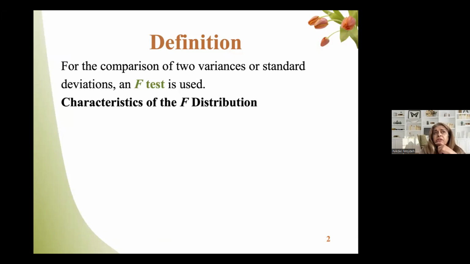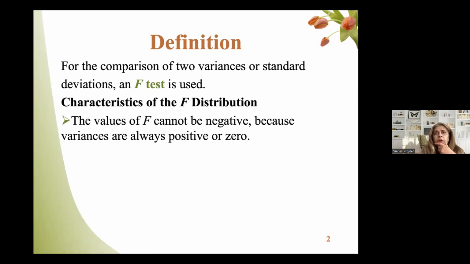What are the characteristics of the F distribution? The F distribution is a positively skewed distribution, like the chi-square distribution. And so F values are positive, because the variances are always positive or 0. Again, the F distribution is positively skewed.